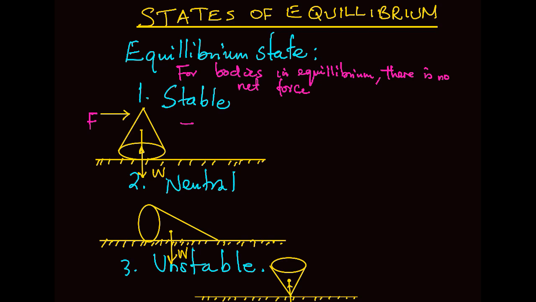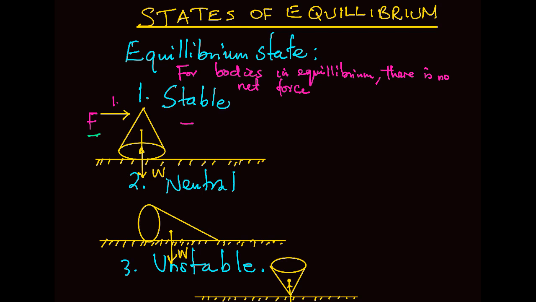So for the stable equilibrium, we allow the cone to rest on its base as shown in diagram 1. A slight horizontal force F is then applied and its effect observed.